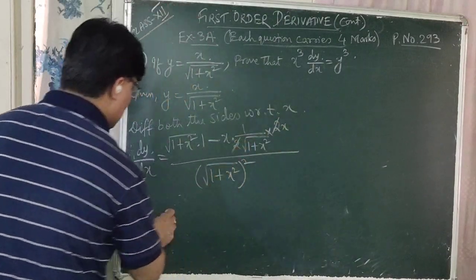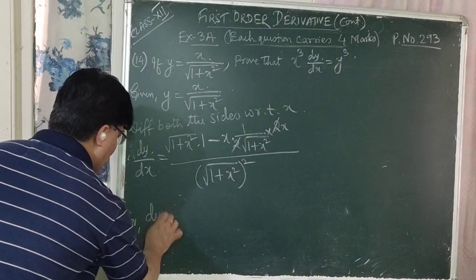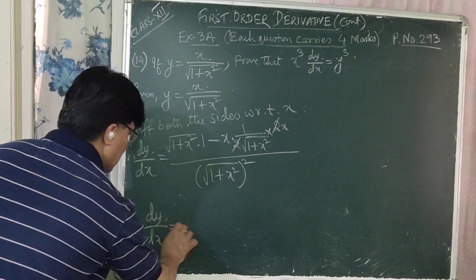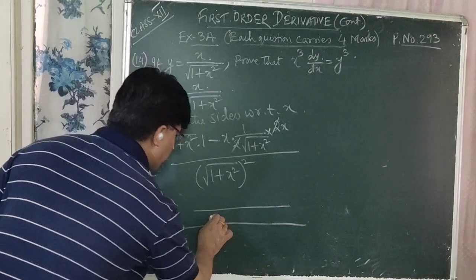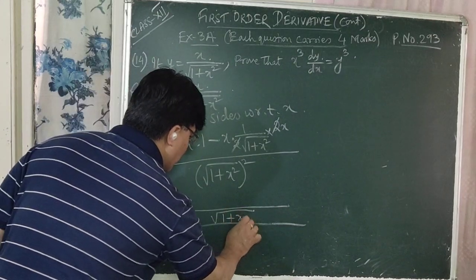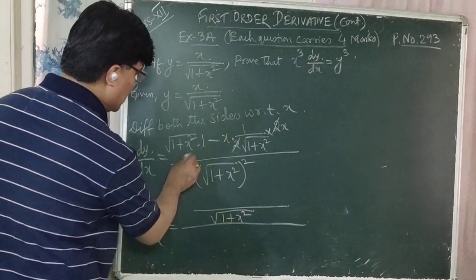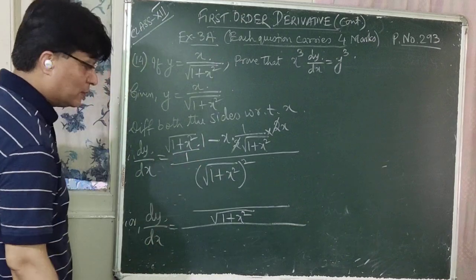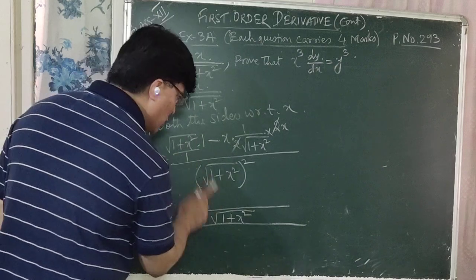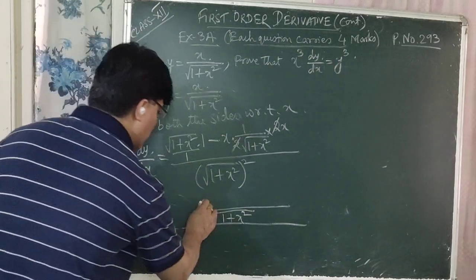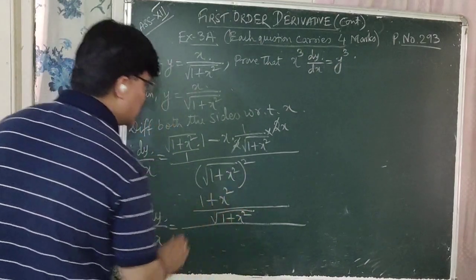Here 2 gets cancelled. Or it is dy by dx is equal to, now in the numerator, what's the LCM here now? It is root over 1 plus x square is the LCM. So below it, it is 1. Now this LCM is divided by 1. So it is root over 1 plus x square. Root over 1 plus x square into root over 1 plus x square. That is 1 plus x square, right?